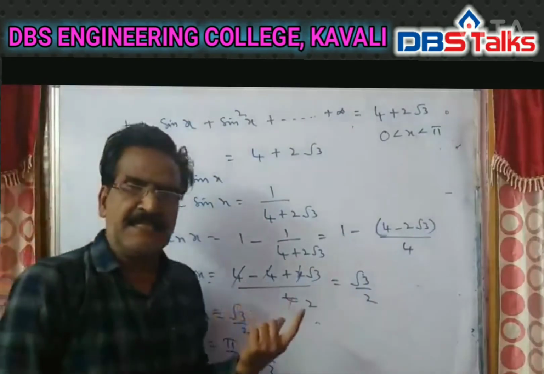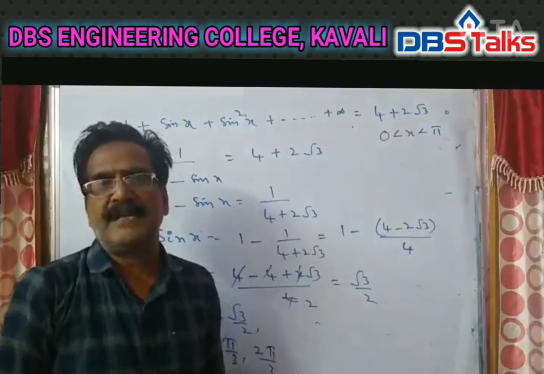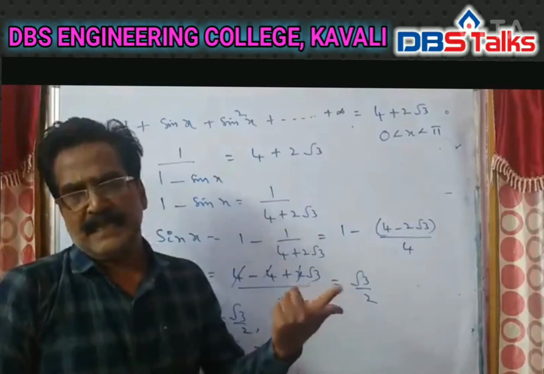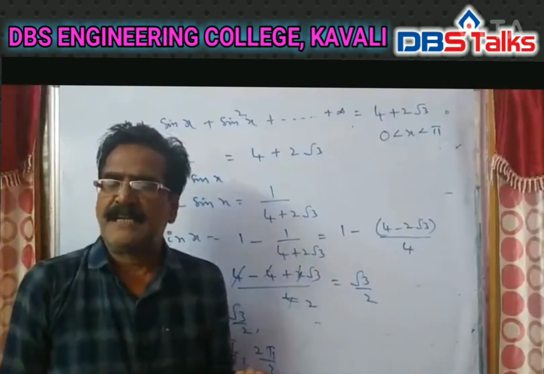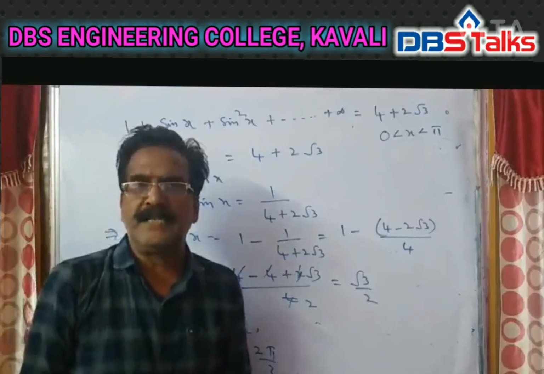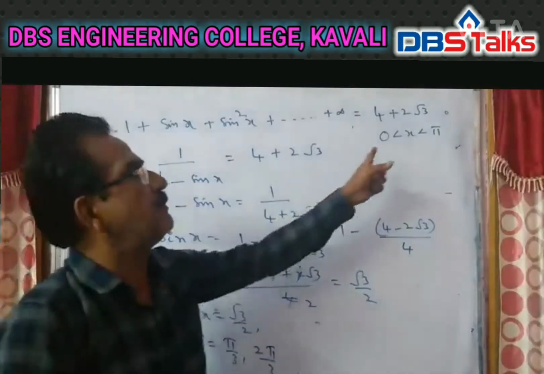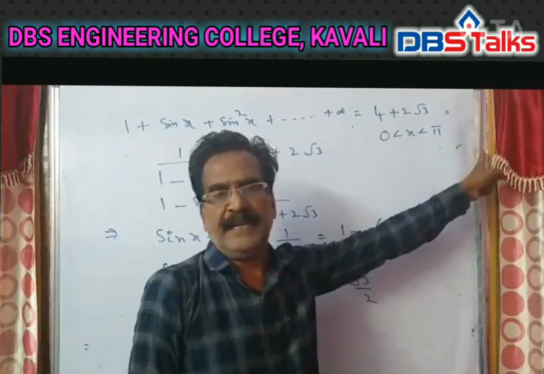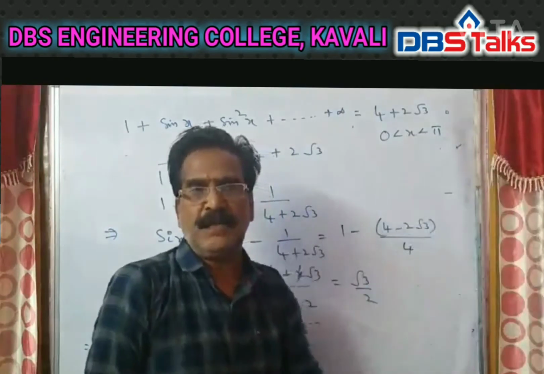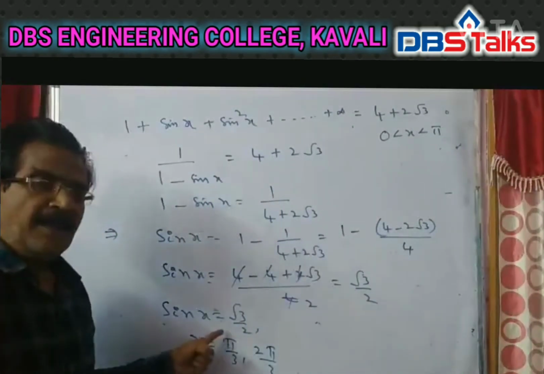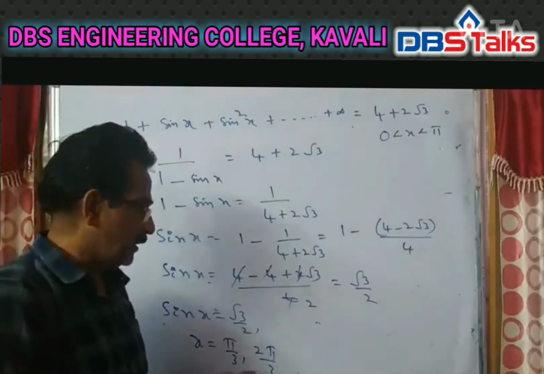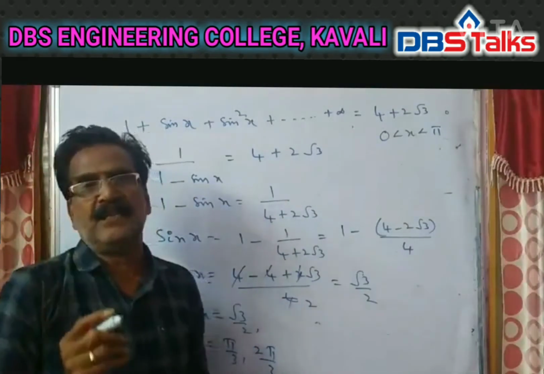Between 0 and pi, pi by 3 is one solution and 2 pi by 3 is another solution.